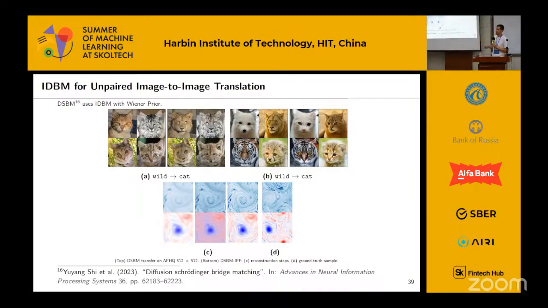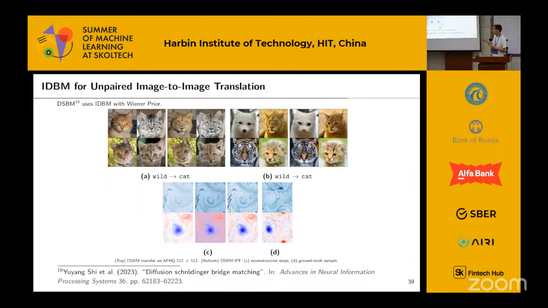Or if you do some model problems like translation between different domains, for example, between the domain of cats and wild animals, you do not have pairs here. You cannot easily get a pair of a cat and a corresponding dog or corresponding wild animal to it. You cannot easily find such pairs on the internet. So you have to train such models in an unpaired setting.